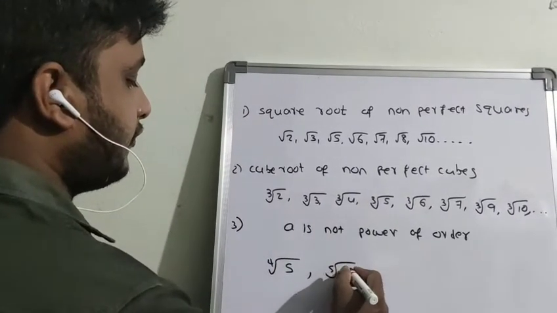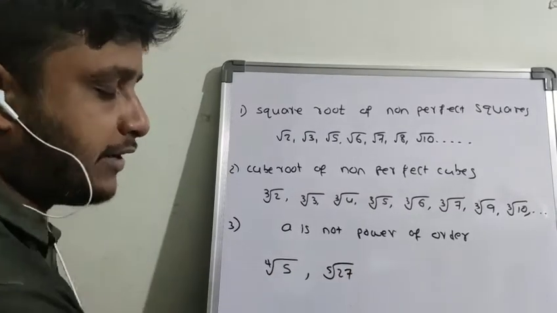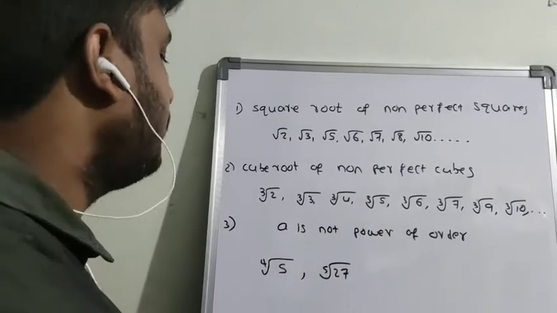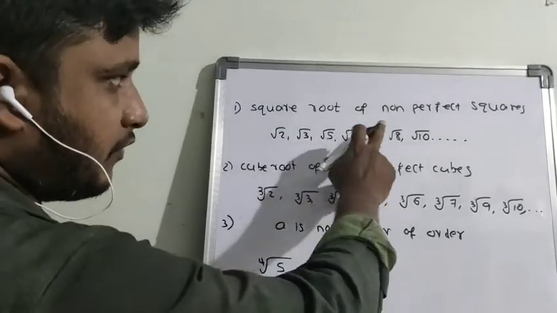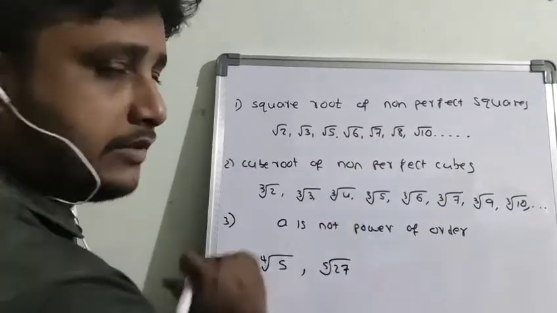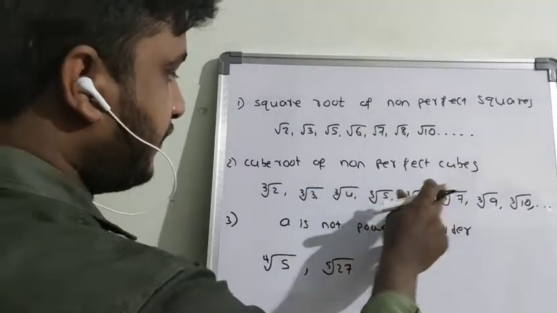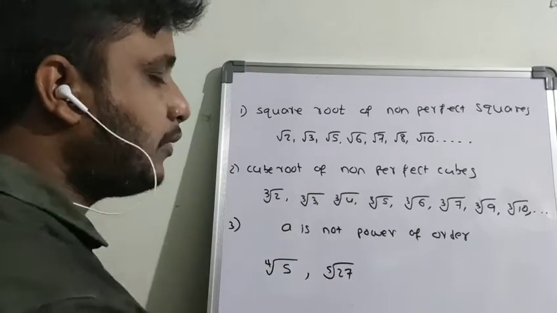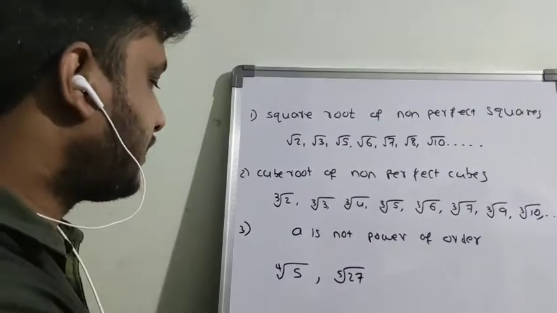And the fifth root of 27: 27 you cannot write as a power of 5, so this is also a surd. So the square roots of non-perfect squares are surds, the cube roots of non-perfect cubes are surds, and where a is not a power of the order, all those are surds.